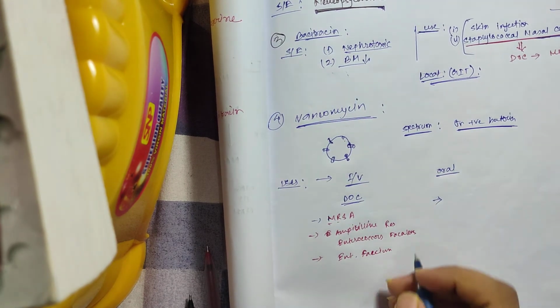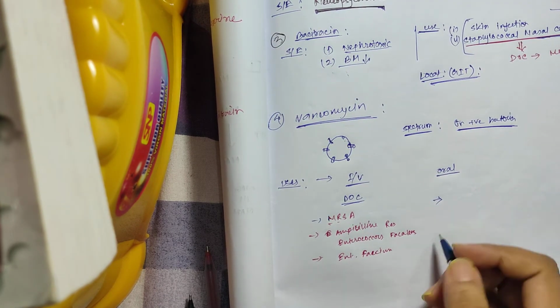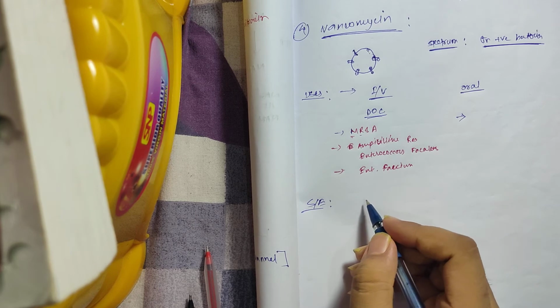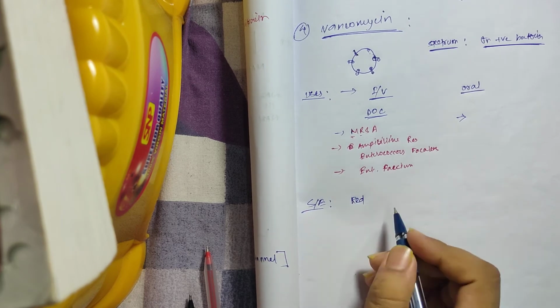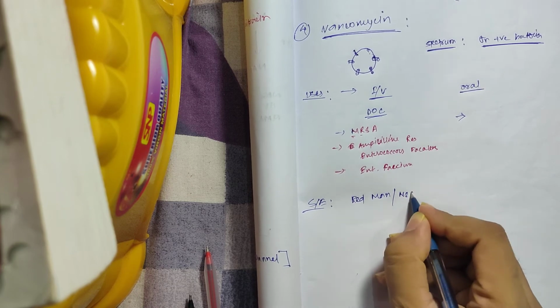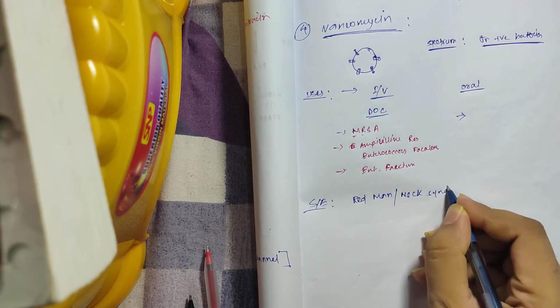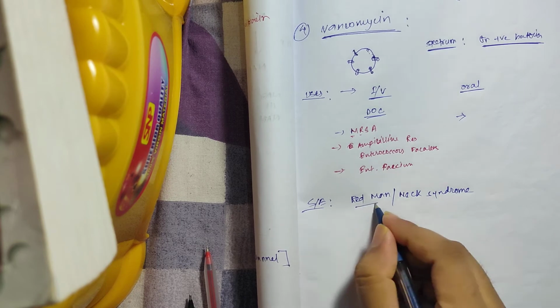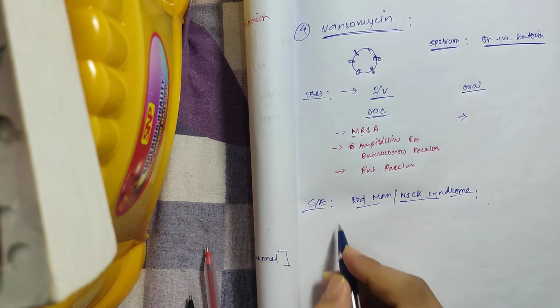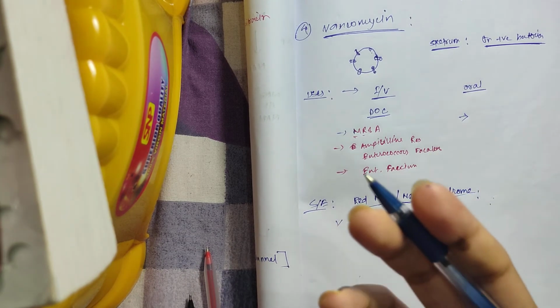Okay, so what are the side effects? Now side effects include red man or red neck syndrome. What is this? Guys, this vancomycin causes release of histamine, and that causes vasodilation, right?